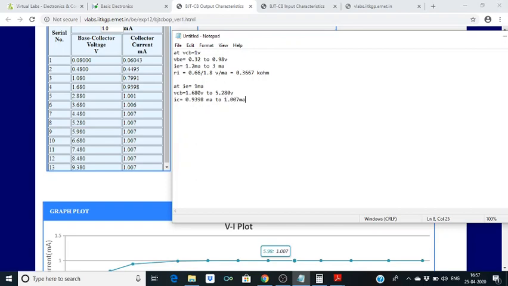So now output resistance will be equal to this change over this change.